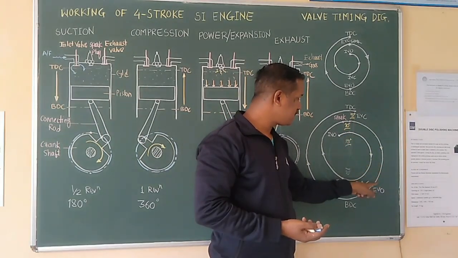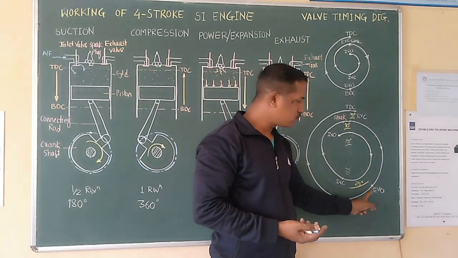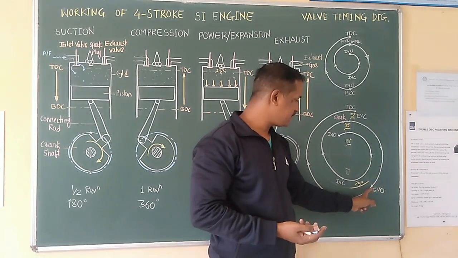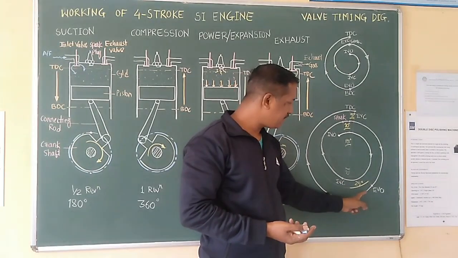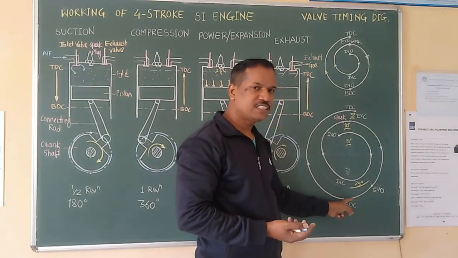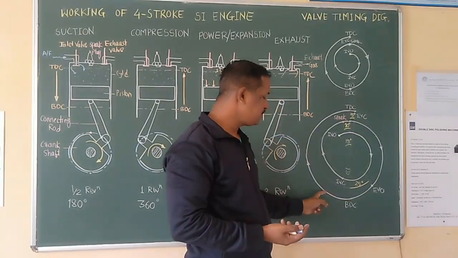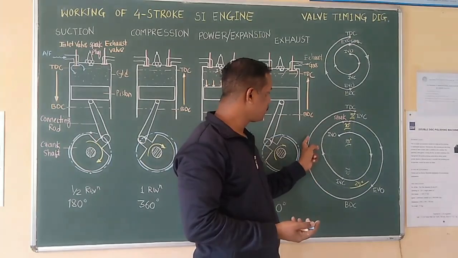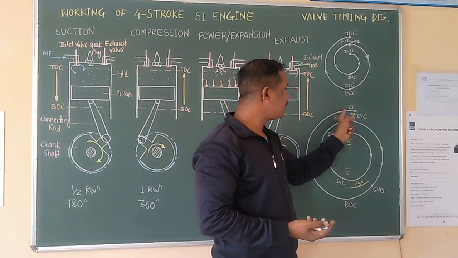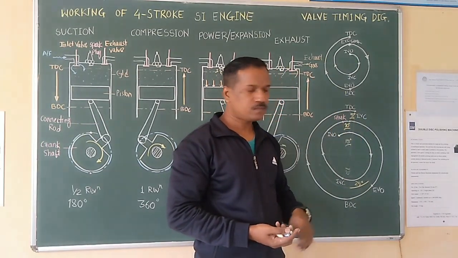But 25 degrees before the piston reaches BDC, the exhaust valve opens, so excess pressure exhaust gas moves out from the cylinder while at the same time the piston moves toward BDC. And after that, when the piston moves from BDC to TDC, the piston itself pushes out exhaust gases, and the exhaust valve gets closed 5 degrees after TDC.